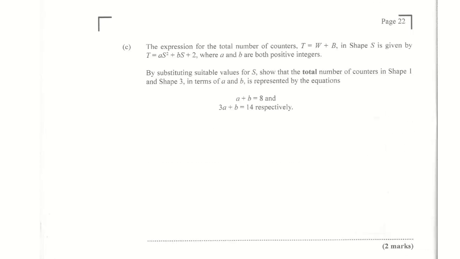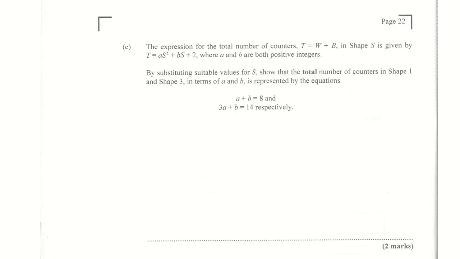Right, so let's look at this one. Let's read it carefully. This is 2 marks, so it shouldn't be too much working. The expression for the total number of counters, where you take your white and add it to your black, in shape s is given by T equals as squared plus bs plus 2, where a and b are both positive constants.